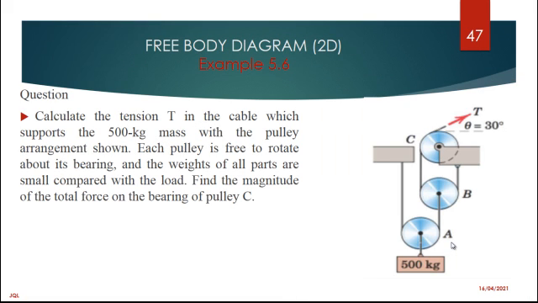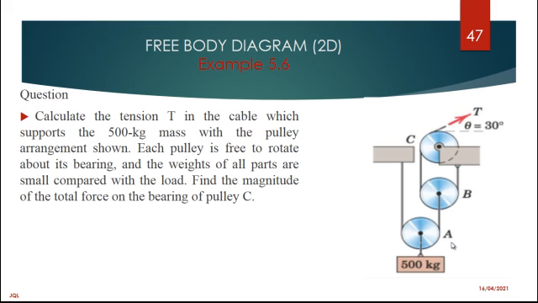Another example. Question: Calculate the tension T in the cable which supports the 500 kg mass with the pulley arrangement shown. Each pulley is free to rotate about its bearing, and the weights of all parts are small compared with the load.